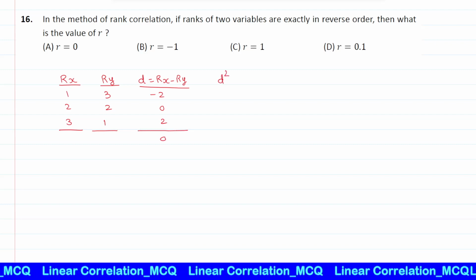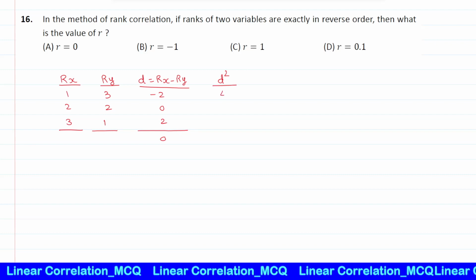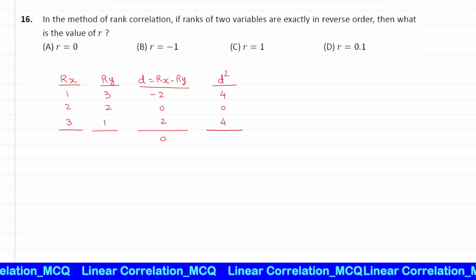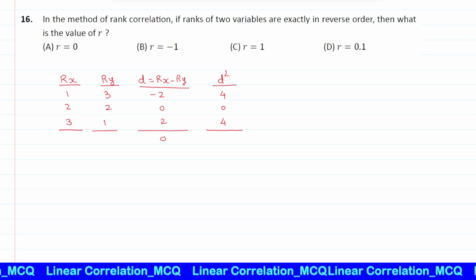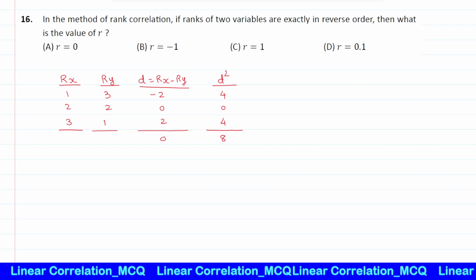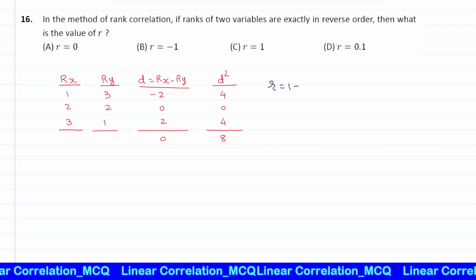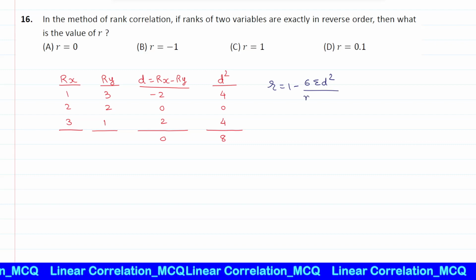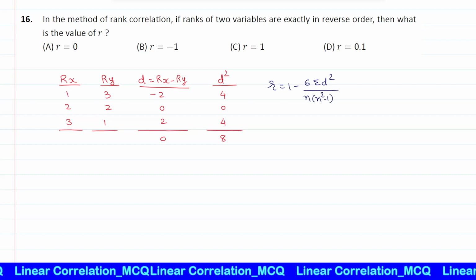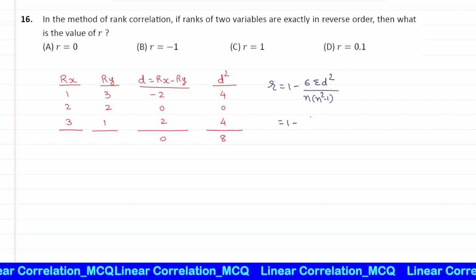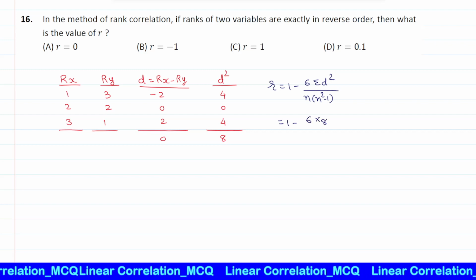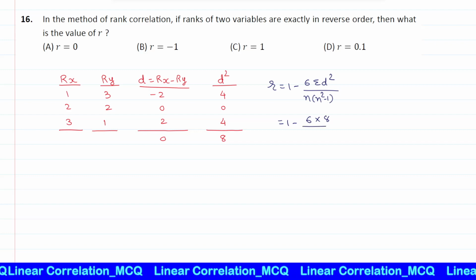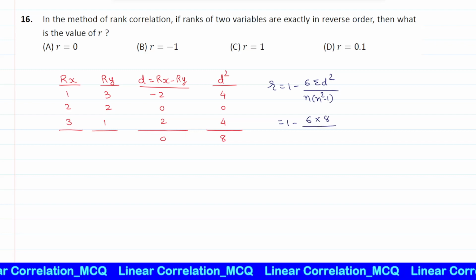Now squaring: d square is 2 square 4, 0 square 0, 2 square 4, and sigma d square equals 4 plus 4 equals 8. What is the formula of R? R equals 1 minus 6 sigma d square divided by n into n square minus 1. Here sigma d square equals 8, and n equals 3 observations.